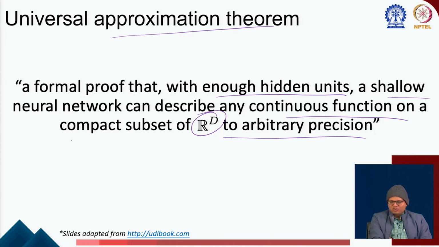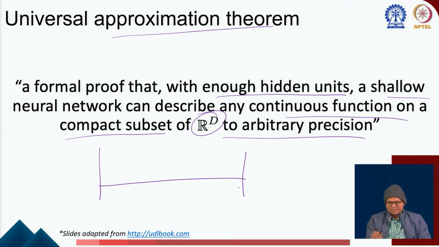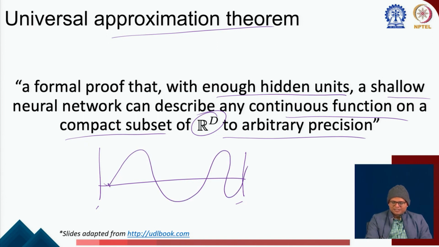Why do you need a compact subset? Because otherwise there will be infinitely many piecewise linear regions that you will need. Once you have a compact subset, you know its range. It ranges from some start point to some end point, and then whatever my function is, doesn't matter, I can always describe it using some piecewise linear functions.